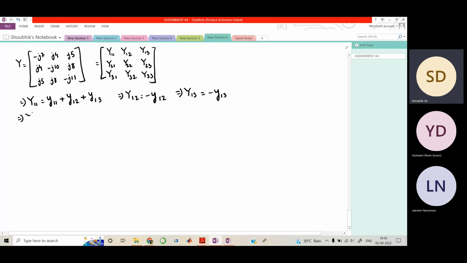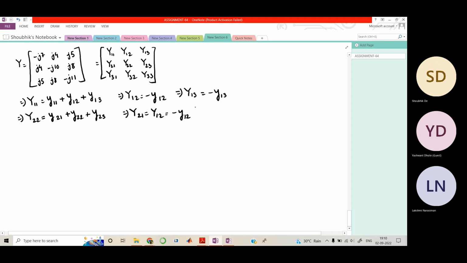In the same way, we again have Y22, which is y21, y22, and y23. Again, Y21 would be equal to Y12, which is equal to minus y12. You can also write it as minus y21, no problem. Similarly, Y23 would be minus y23.